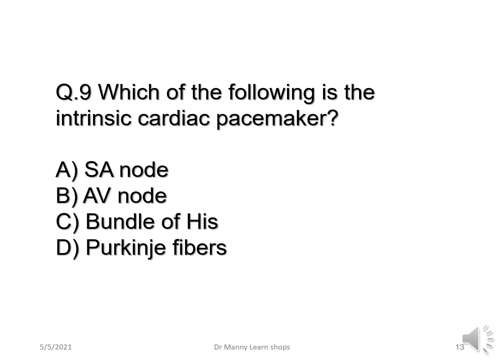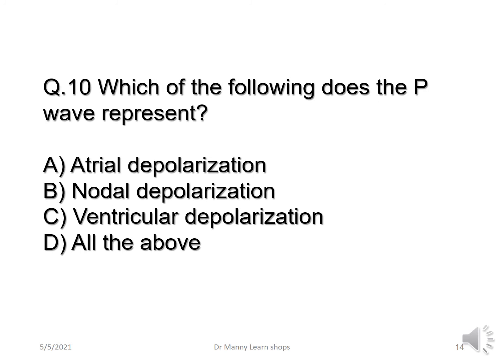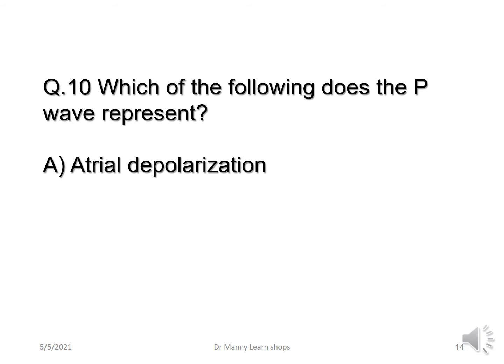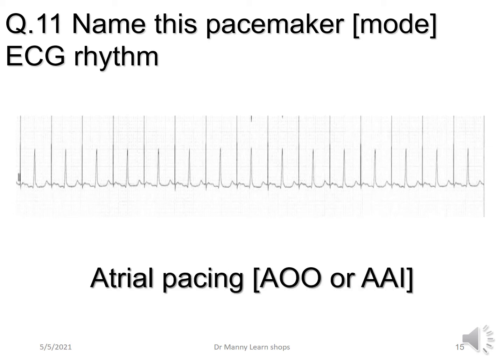Which of the following is the intrinsic cardiac pacemaker? Well, that would have to be the SA node. Which of the following does the P wave represent? That would have to be atrial depolarization. What's this rhythm? What's this pacemaker rhythm? This is atrial pacing, AOO, or possibly AAI.